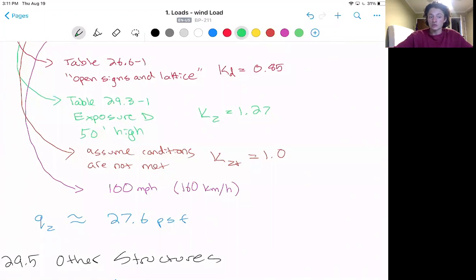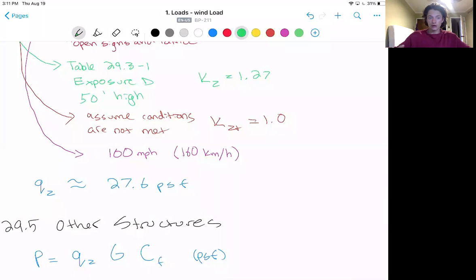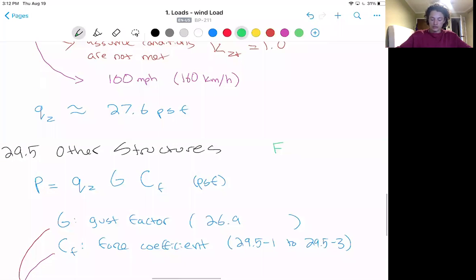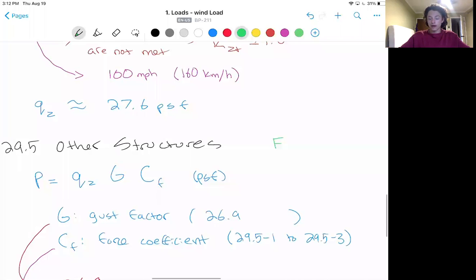Then in section 29.5 for other structures, we can then go on to calculate P, our pressure. And this is a slight modification of the equation for F in the text, and we're just going to take out that area term and add it in later. And with that, we have two more new variables, G, our gust factor, and CF, our force coefficient, similar to drag coefficient.